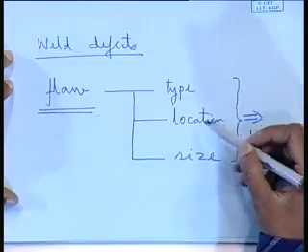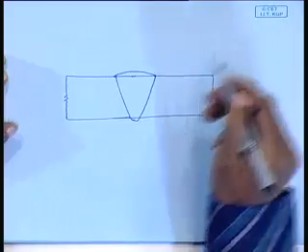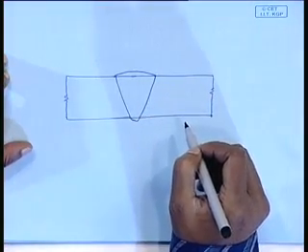So, as I was saying, the flaws depend on type, location and size. Well, as far as the location is concerned, say a welding has been done.